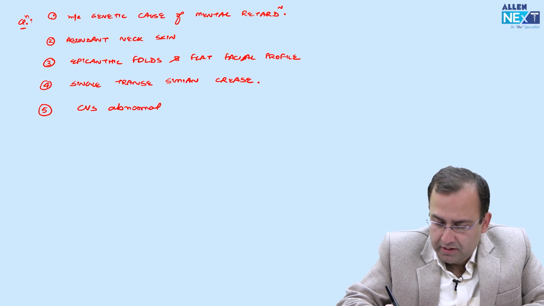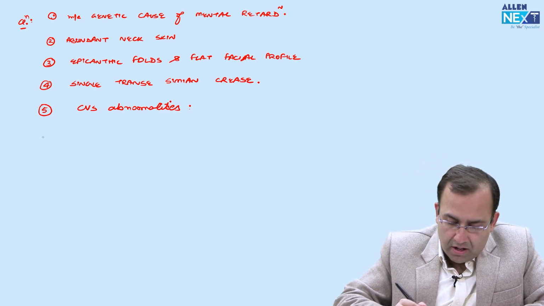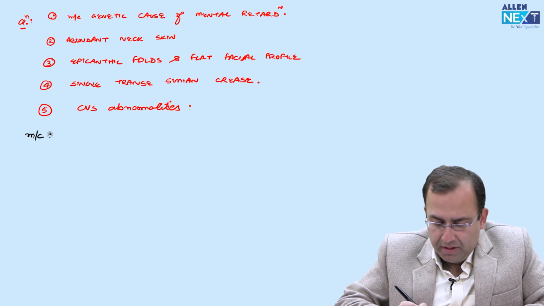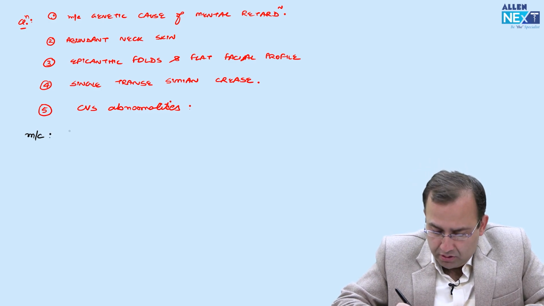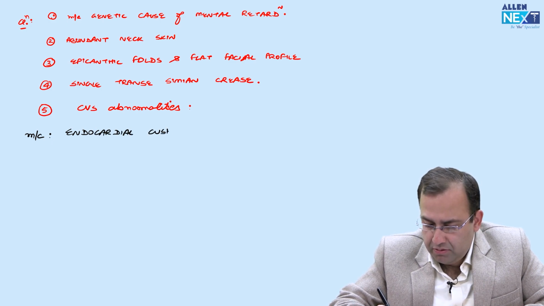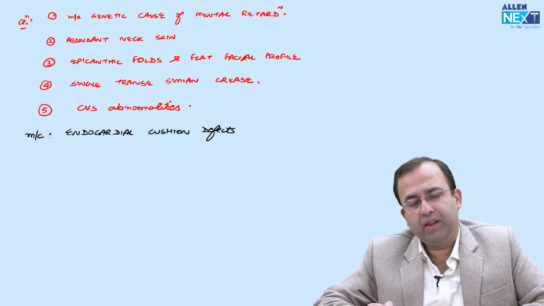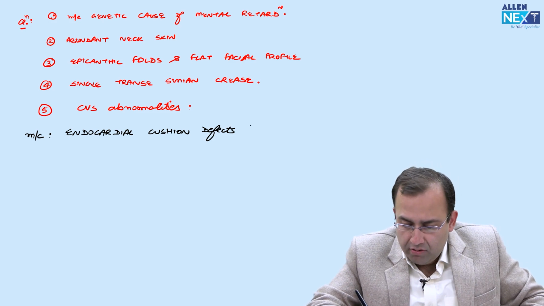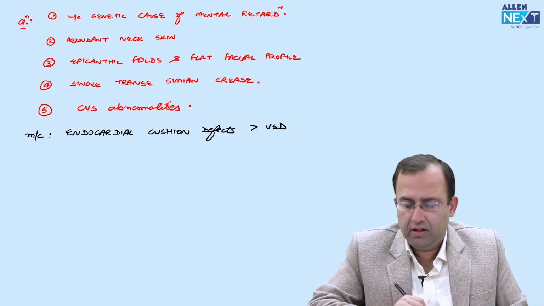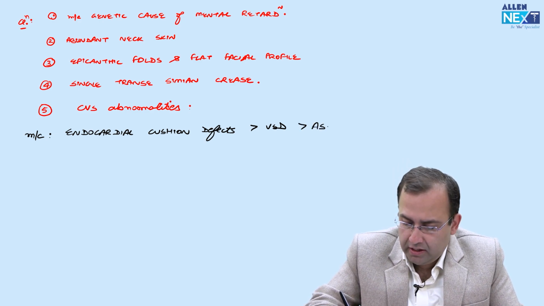Down syndrome is associated with CVS abnormalities. Very, very important. Most common being endocardial cushion defects, followed by VSD, ventricular septal defects, followed by atrial septal defects.